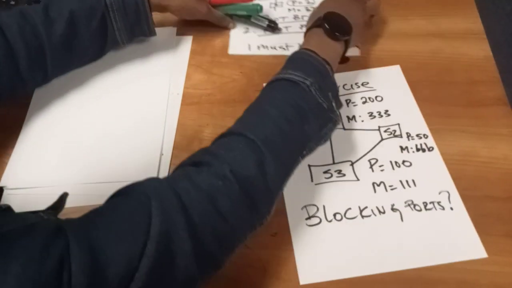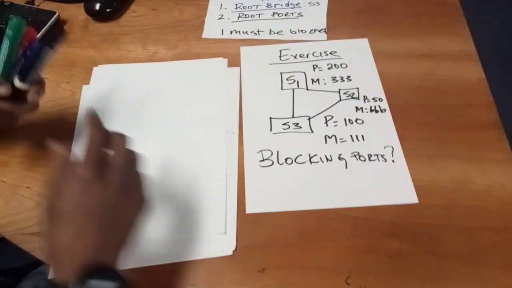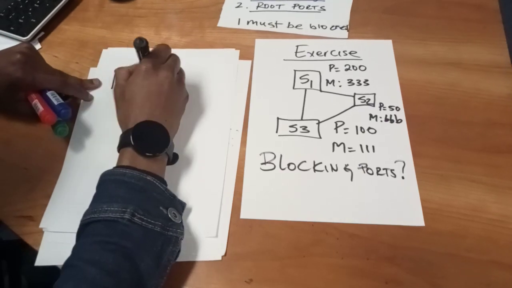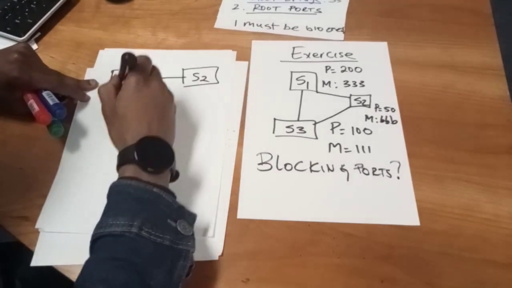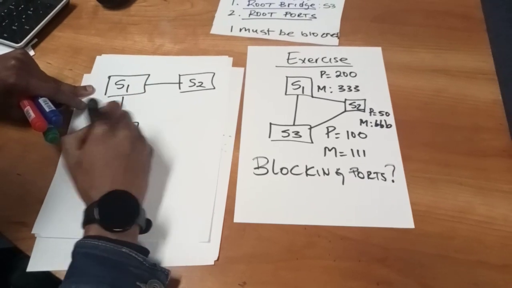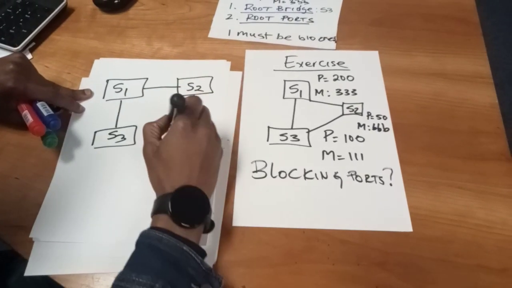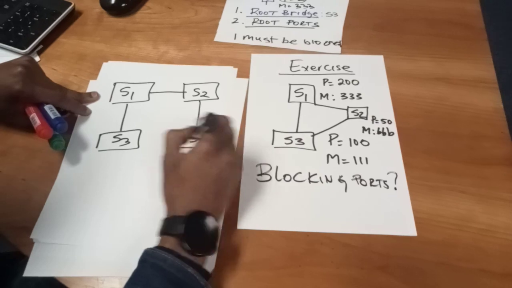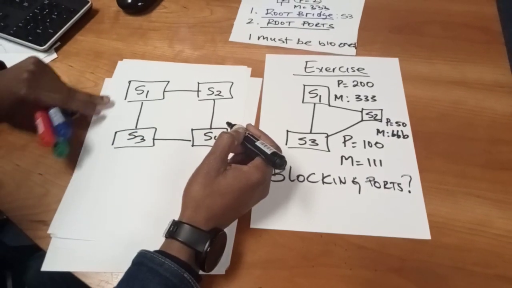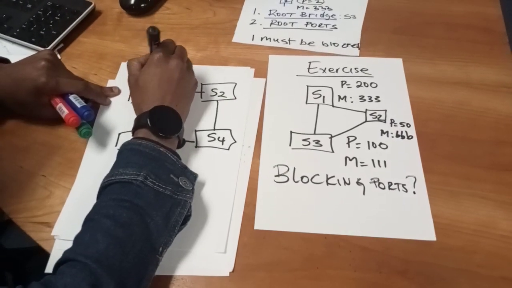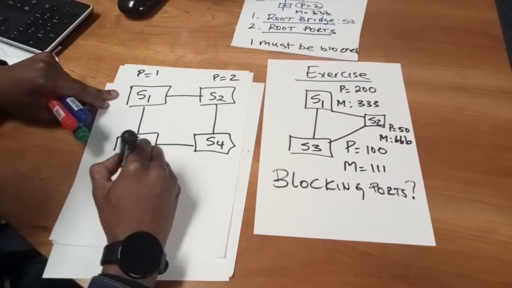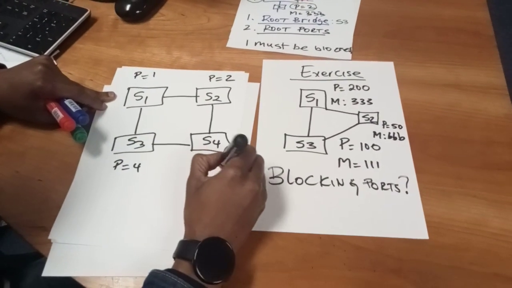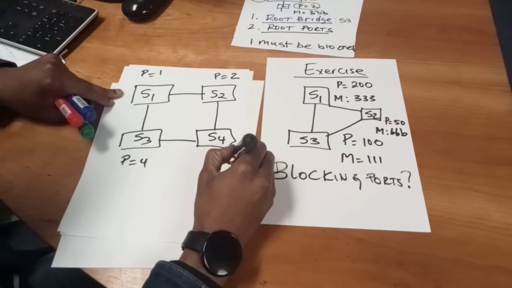Now there is exercise number 2. Switch 1, switch 2, switch 3, and switch 4. The priority here is 1, the priority here is 2, the priority here is 4, the priority here is 6 or 4.